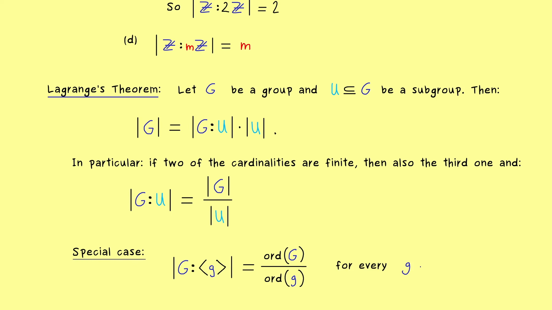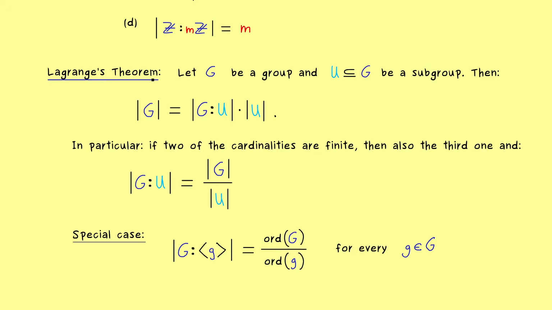And this is a general result that definitely holds for any element in our group. And now you can already remember: the order of a group element has to be a divisor of the order of the group.